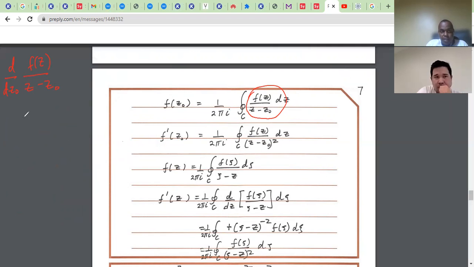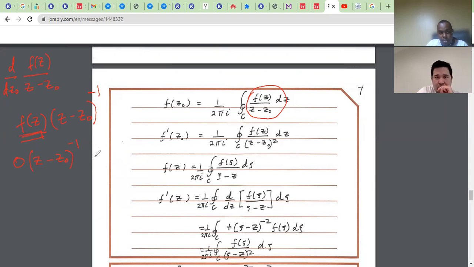So this is the same as f of z multiplied by z minus z naught to the power of negative 1. You differentiate f of z, it's not a function of z naught, so it becomes 0. And then you keep that, right?